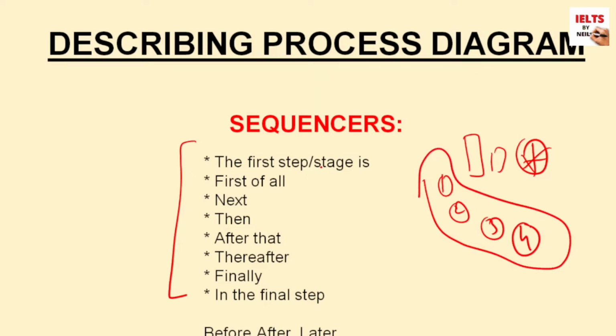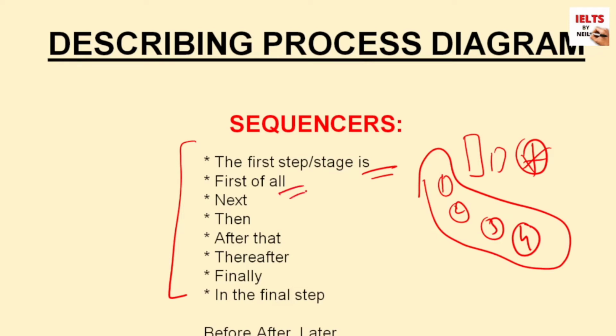So these are some words which will help you to write it in a sequence. So first of all, the first step or the first stage. In the beginning, we can start our process diagram with this sentence that the first step of this method is this. Or for example, if you're writing for chocolate making, you can say the first step involved in chocolate making is this.